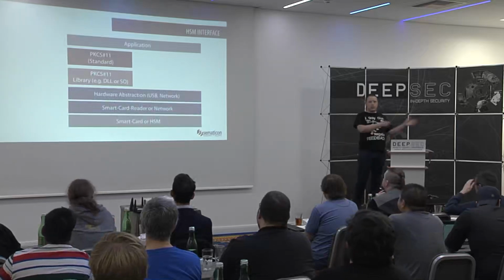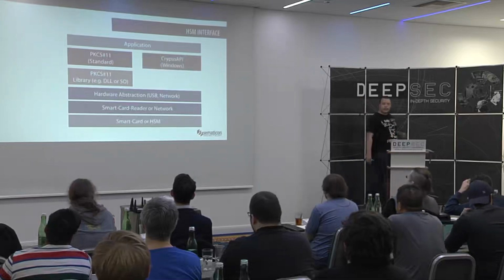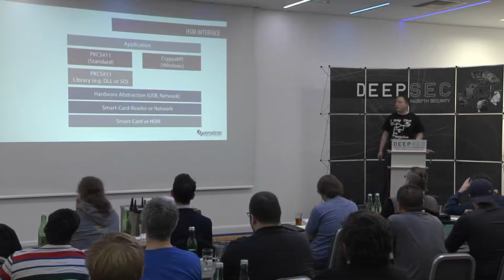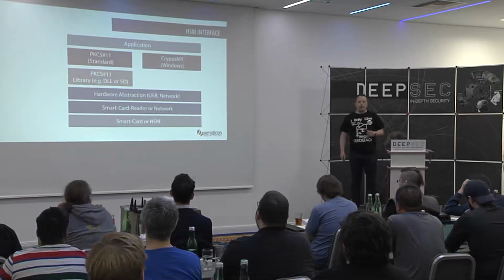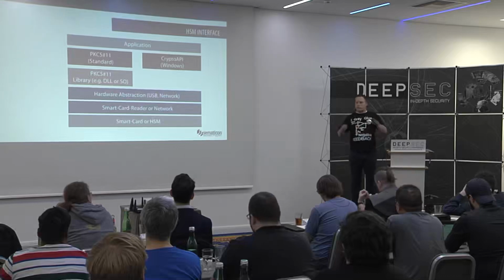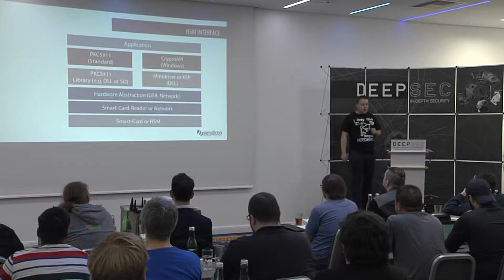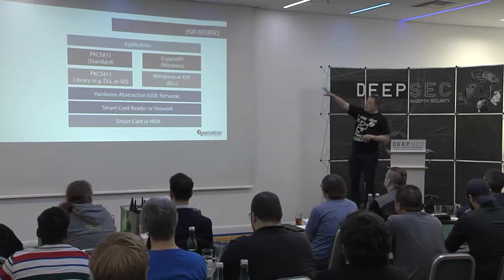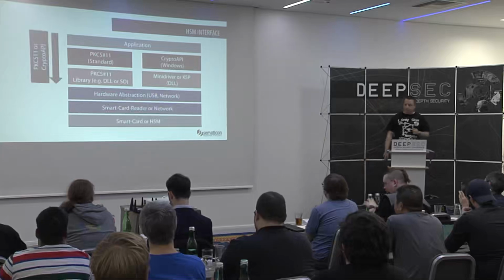So we all know there are standards, and there is Microsoft. For Windows, there's a different way to access boxes. You can use PKCS 11, but for Windows applications, Crypto API is the standard. So whatever Microsoft is using, so Microsoft PKI, whatever, they rely on the Crypto API, on a mini driver and KSP. Please keep in mind this Crypto API will be important for the stuff we're doing later on.